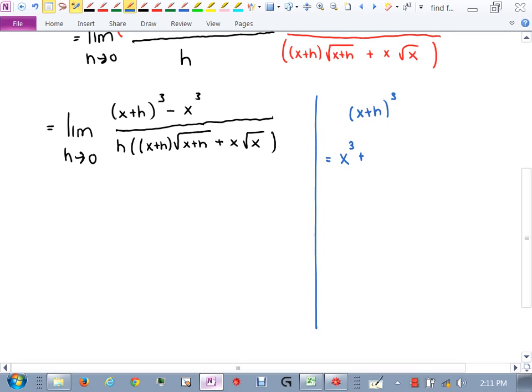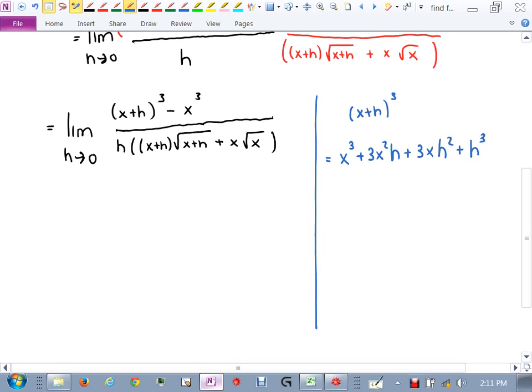X cubed plus 3x squared h plus 3x h squared plus h to the third power. Now that's what it is after you multiply it all out, collect all like terms, get everything, and boom, that's what you would get.